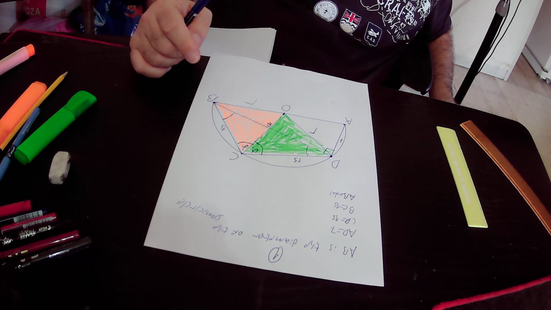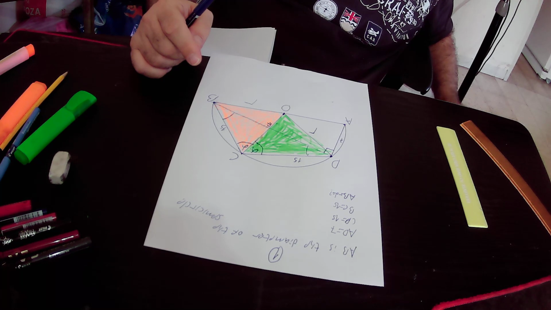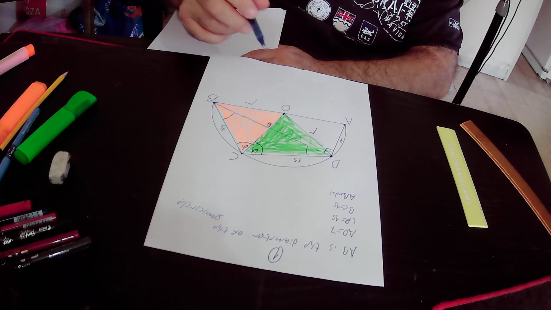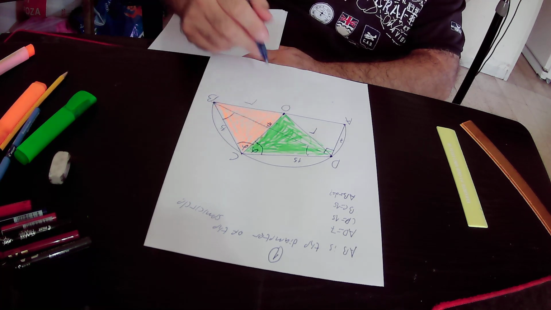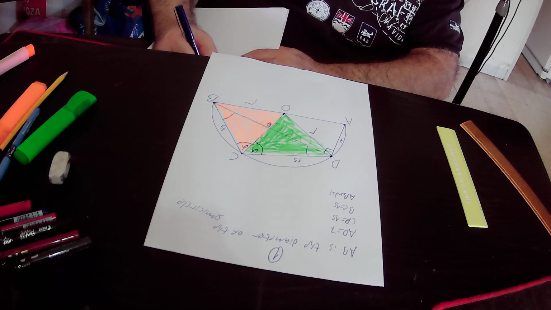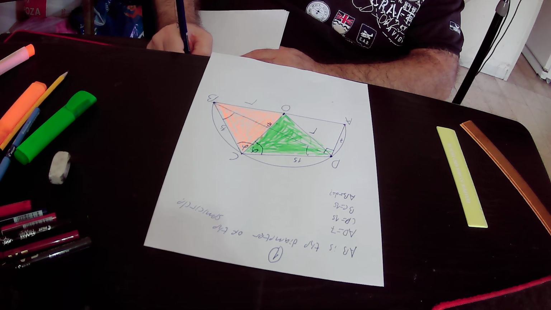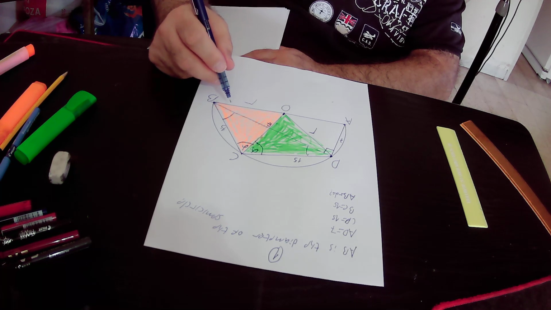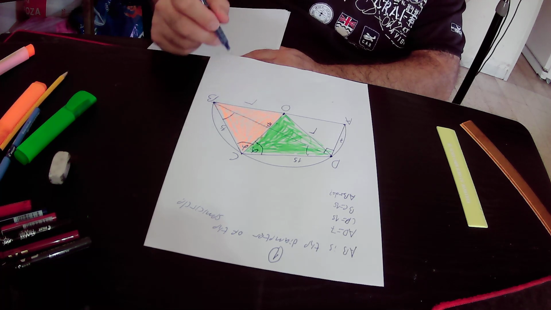So according to rule number 2, angle EDC is equal to angle EBC.